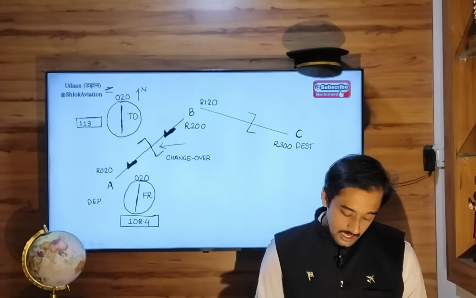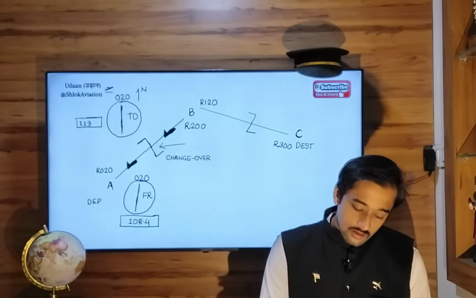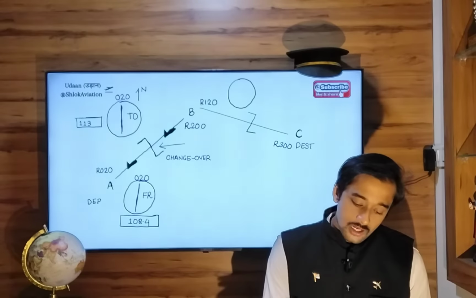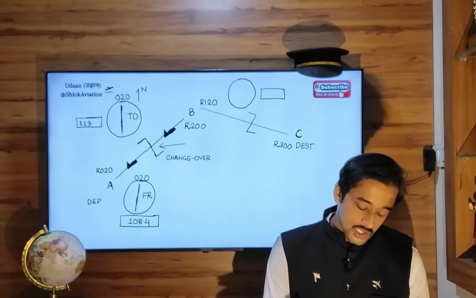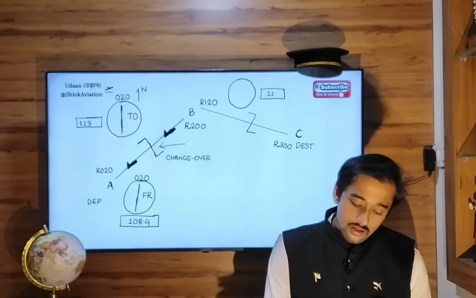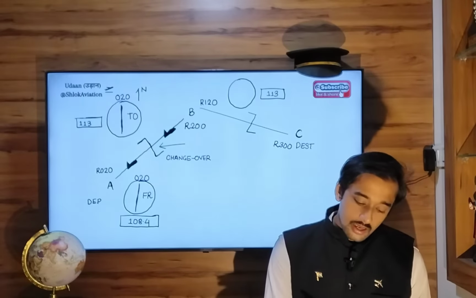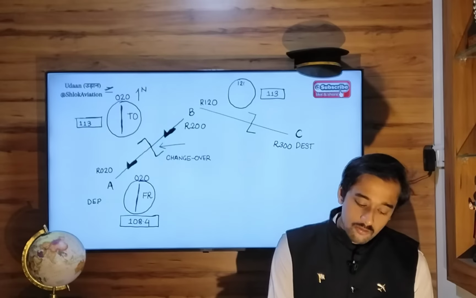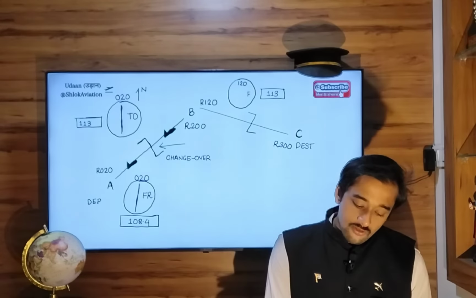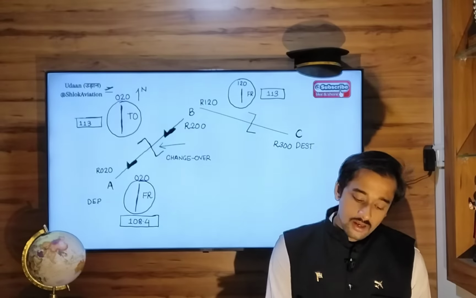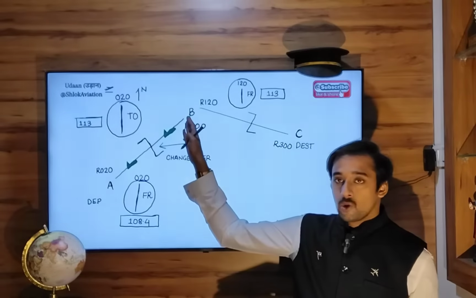So starting from B, your settings will be what? You will first put the frequency of Bravo, which is 113. The OBS selection will be radial 120. The to-from indication will be from, since you are flying away from the VOR Bravo location.